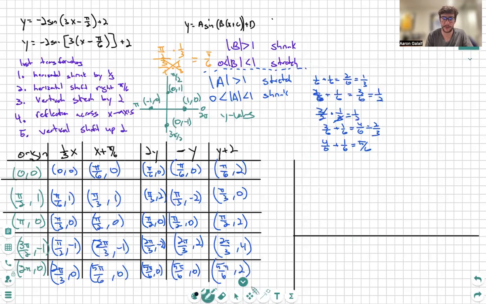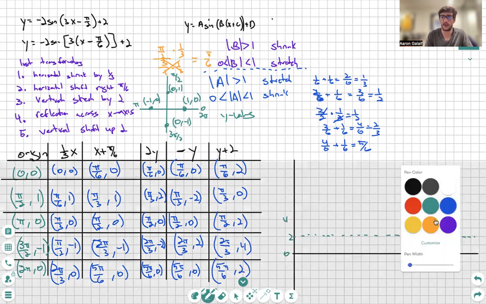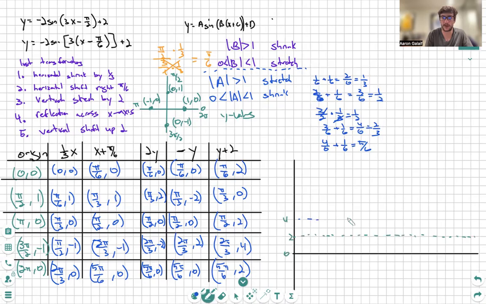I like to rewrite midline and amplitudes with dotted lines, it helps me see things. So we know we're going up 2, so 1, 2, so this is 2, this is 4, this is 0. Our 2 is our new midline. Our 4 is our maximum value. Our 0 is our minimum value.